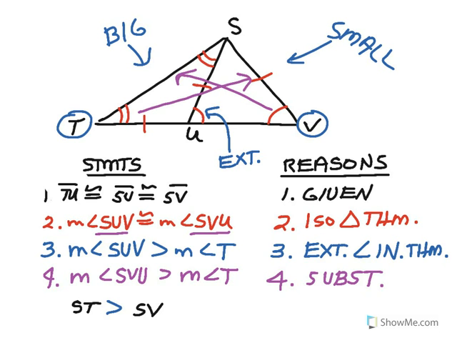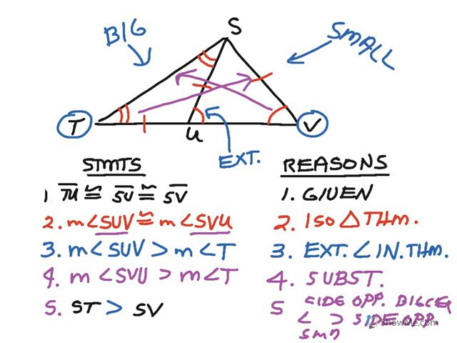So now I have proved my case, and my reason would be that, in one triangle, because I'm looking at the big triangle TSU, the side opposite the bigger angle must be greater than the side opposite the smaller angle. And that is it.